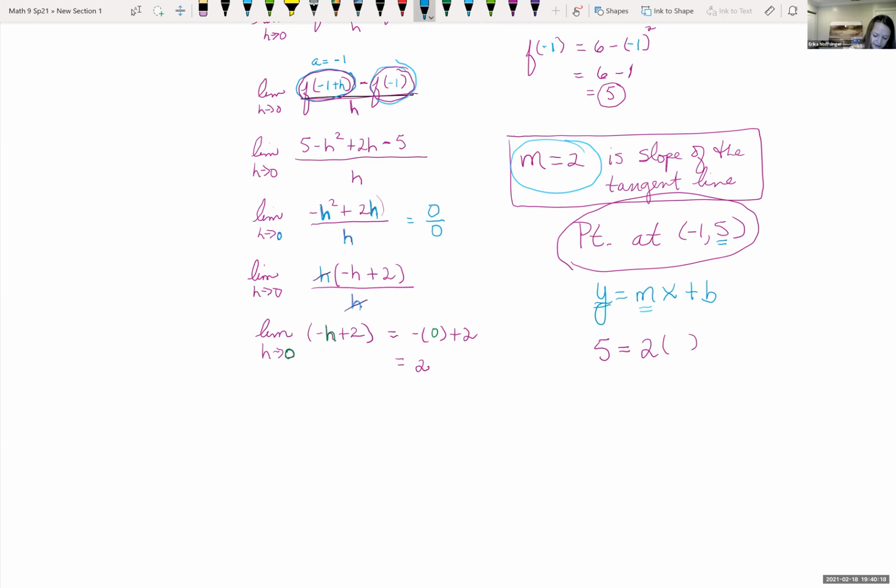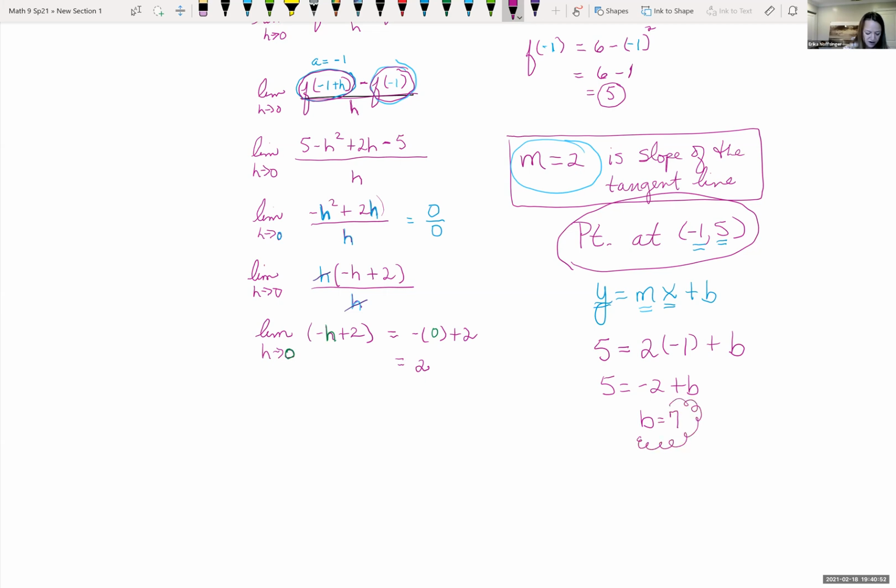So our x value, go to your point, our x value is negative 1, plus b. So we have an equation with one variable, we can figure out what b is. We have 5 equals 2 times negative 1, which is negative 2, plus b. We need to solve for b, isolate it, add 2 to both sides, we get our b is 7.